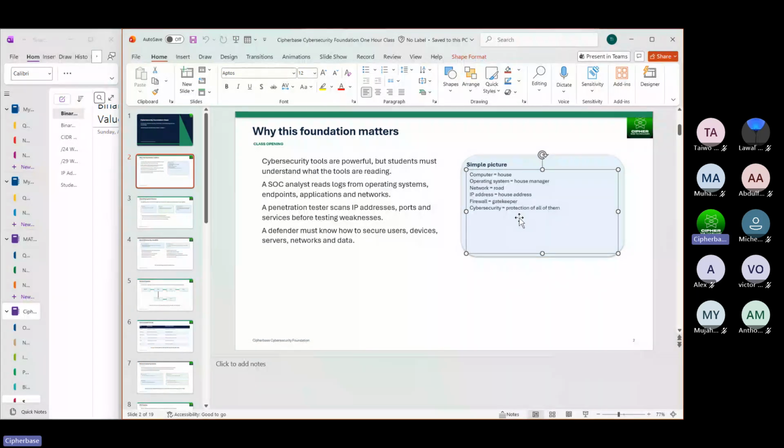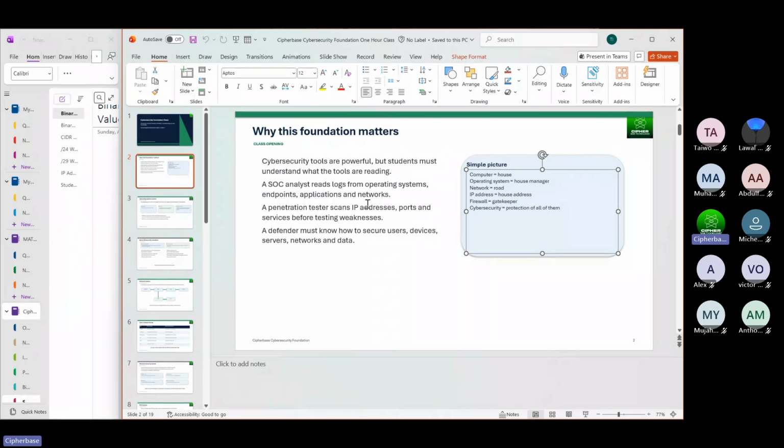What I'm saying here is that it's very simple, and I will make it simple for us. Strong security decisions depend on clear knowledge of operating systems, networks, IP addresses and protocols. I want to connect everything together so we can understand very well. Tools can produce alerts.